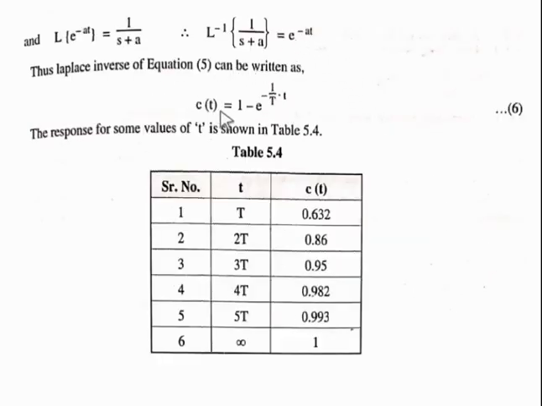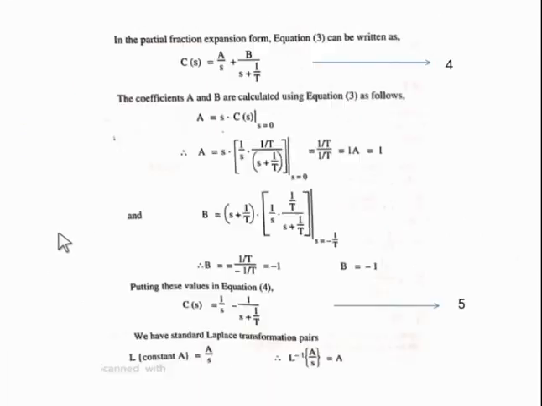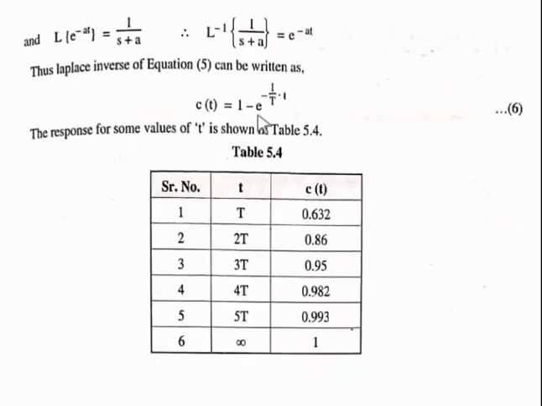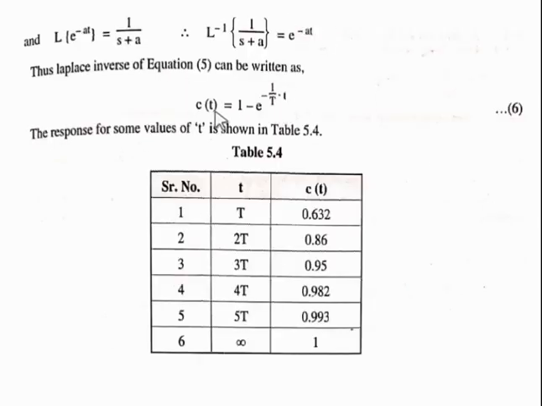So we get finally c(t) equal to 1 minus e raised to minus at, where a equals 1 over t. So we get c(t) equal to 1 minus e raised to minus t by T.